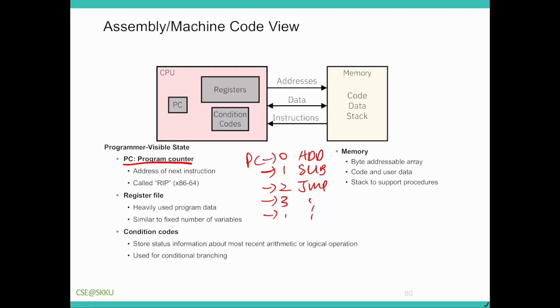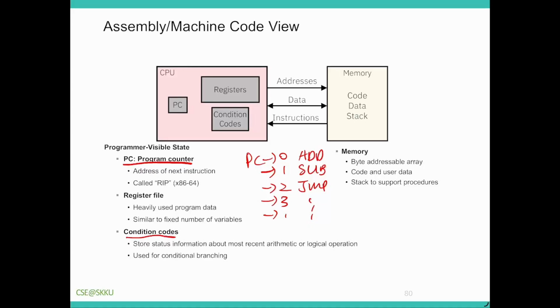So register files are heavily used program data. It's a space for temporary data to be stored inside the CPU. It's kind of similar to having a fixed number of variables. And we also have special types of storage called condition codes. They store the status information about the most recent arithmetic or logical operation.